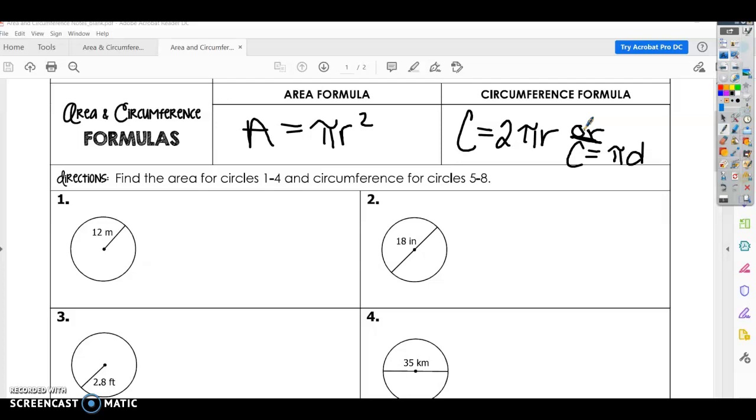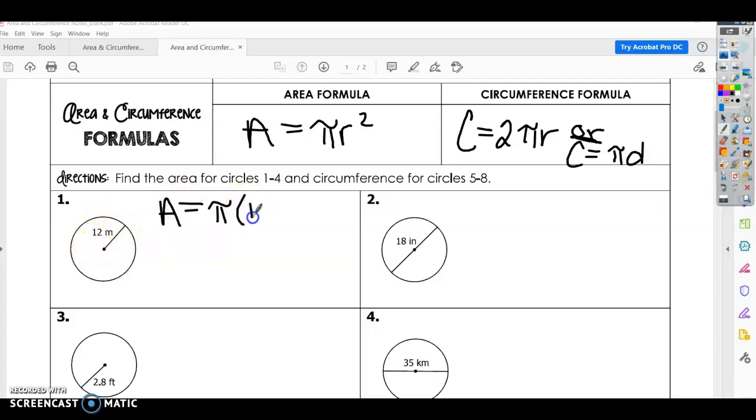Alright, so let's look at a couple examples. Find the area of the circle for 1 through 4 and the circumference for 5 through 8. So 1 through 4, we're going to find the area. So area equals pi r squared. So pi times radius squared.